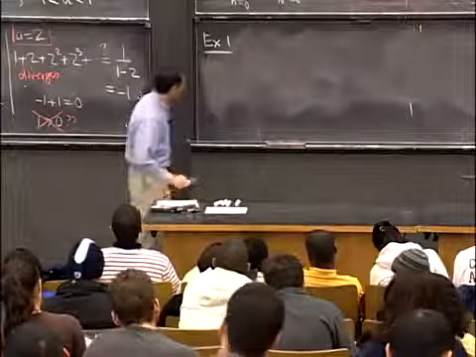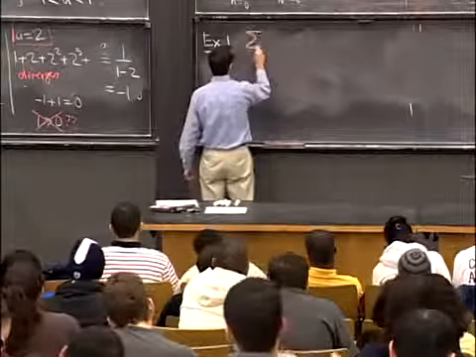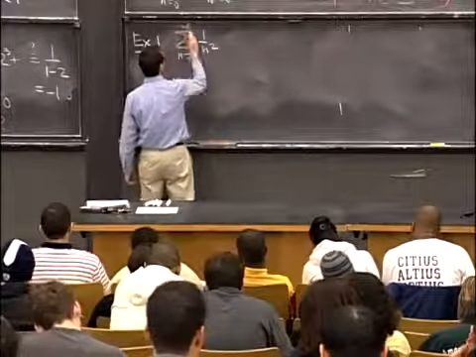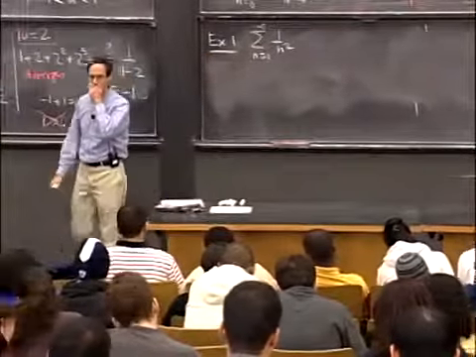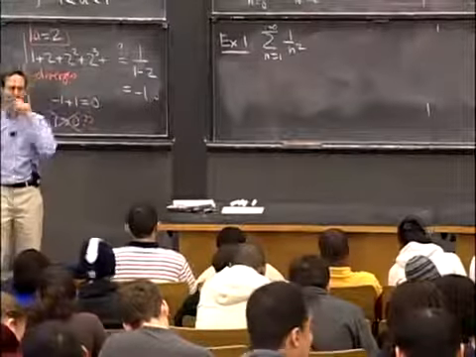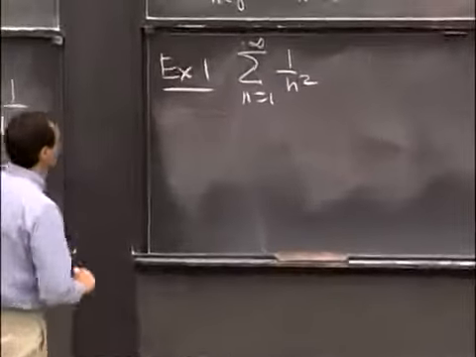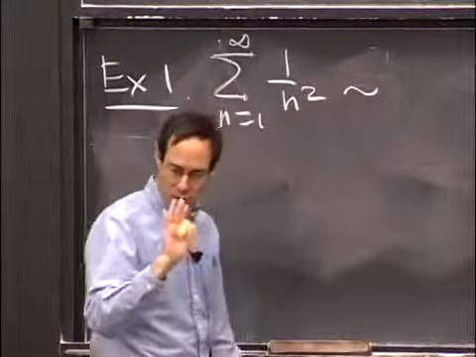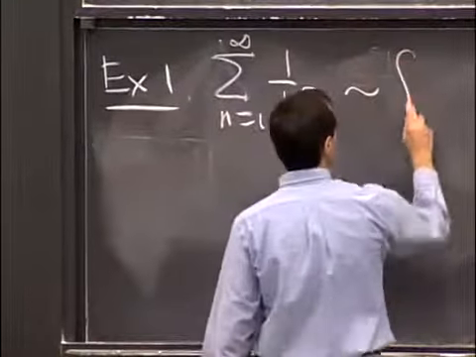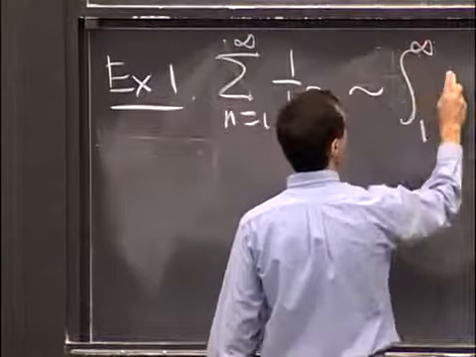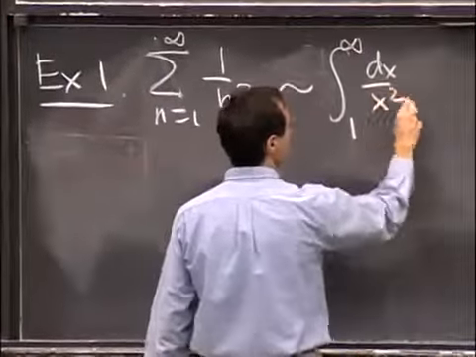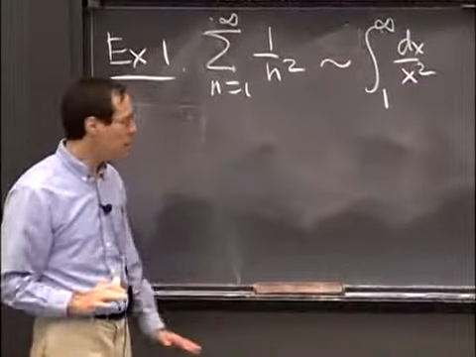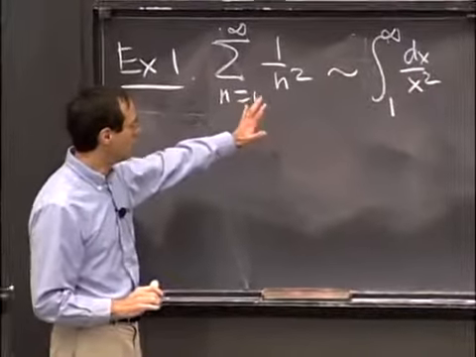But the first example that I'm going to discuss now in a little bit of detail is the sum of 1 over n squared, n equals 1 to infinity. It turns out that this series is very analogous to the integral from 1 to infinity of dx over x squared, and we're going to develop this analogy in detail later in this lecture.